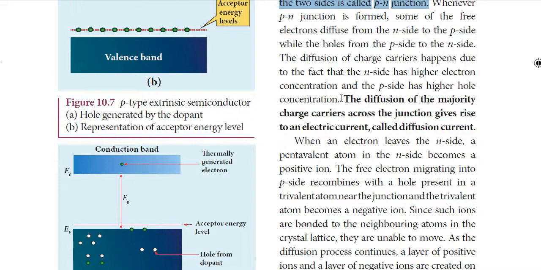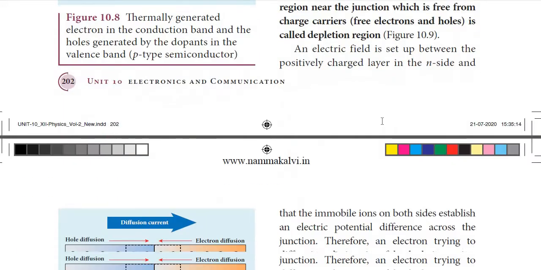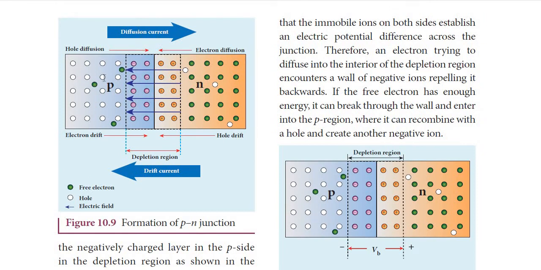The next definition is diffusion current. What is meant by diffusion current? Diffusion of the majority charge carriers across the junction gives rise to an electric current called diffusion current. Here the majority charge carrier is shown, and this direction is the diffusion current.